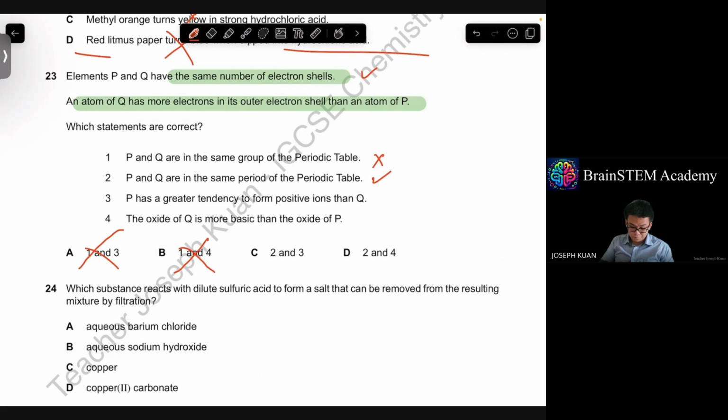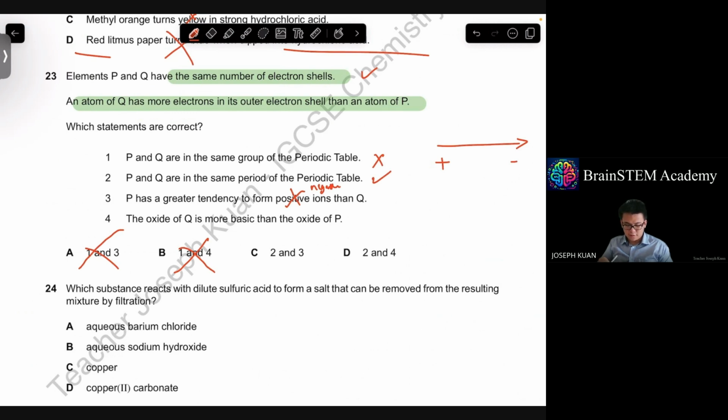So if an atom has more electrons in the outer shell, it should have a greater tendency to form negative ions, because we're going across a period. The ones on the left tend to form positive ions, the ones on the right tend to form negative ions.